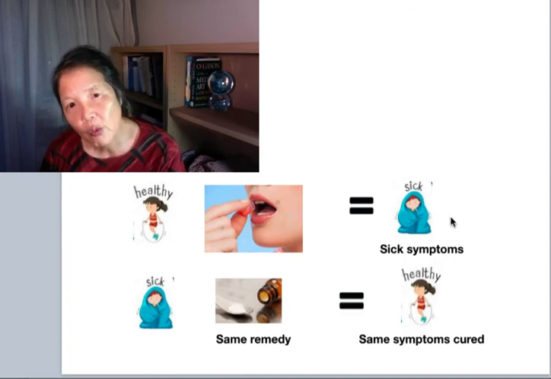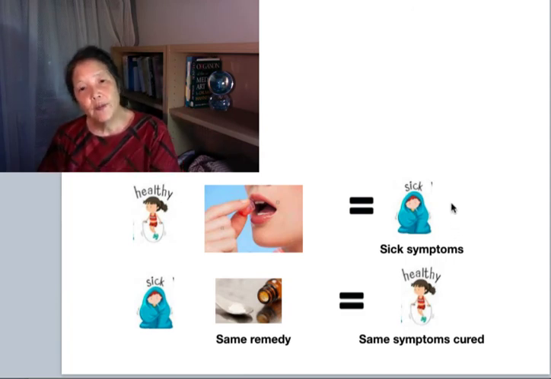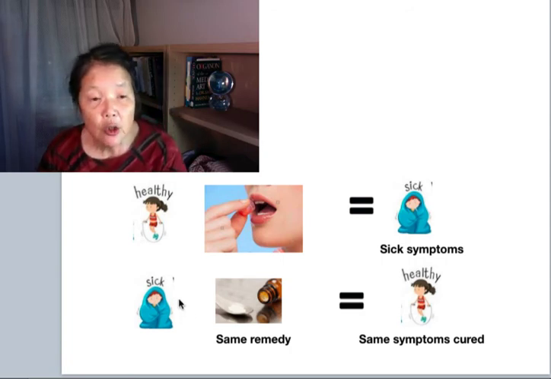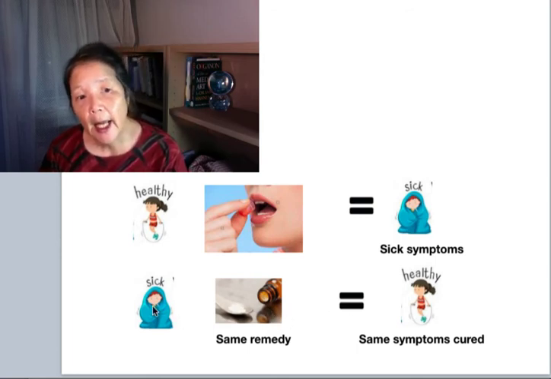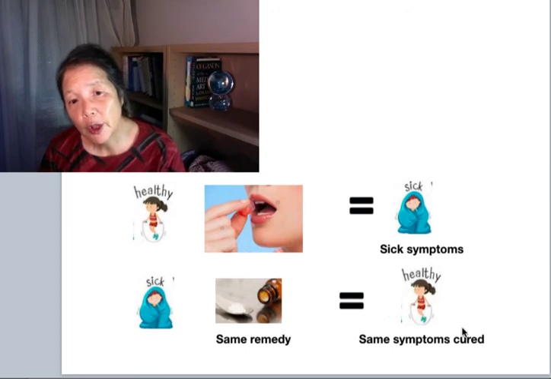Once you know what a group of people are likely to produce in terms of symptoms, you look at the sick person and you look for the same symptom problem, and you use the same remedy, and that same remedy will cure those same symptoms. This is the basic idea. Why this occurs, we're going to talk about later, not now.